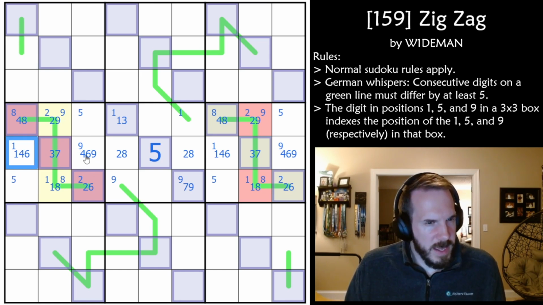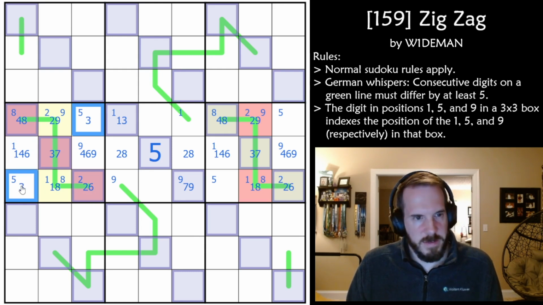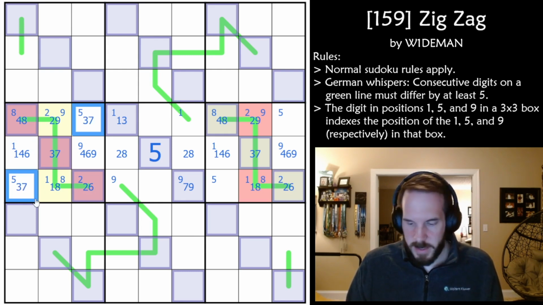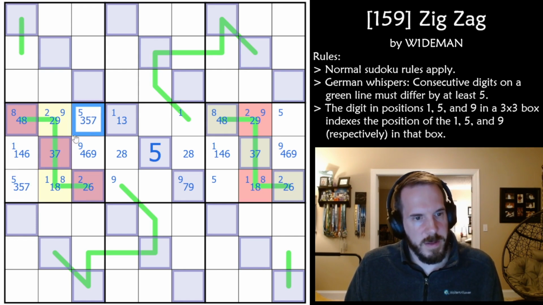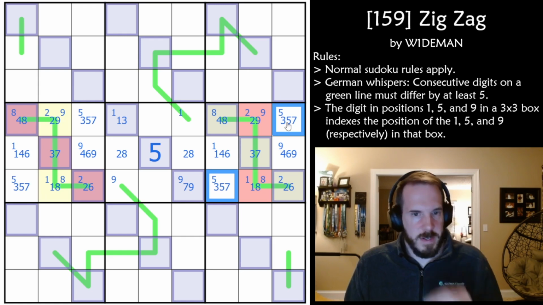All right, and so we have, interesting because none of these cells can be 3 or 7 now. So these cells are actually from 3, 7, the other 3, 7, the yellow one, or a 5. And same thing is true over here. These are from 3, 5, 7.